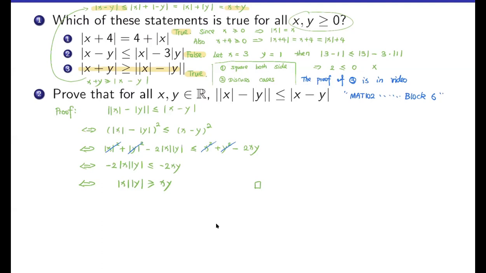I don't know which one it is, but it's this, as less than or equal to this. So we have this, we have this. Now can we move on?